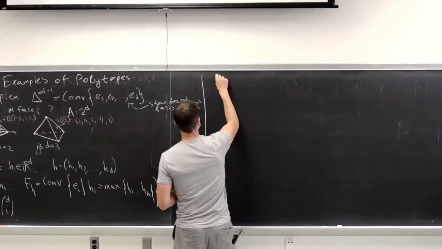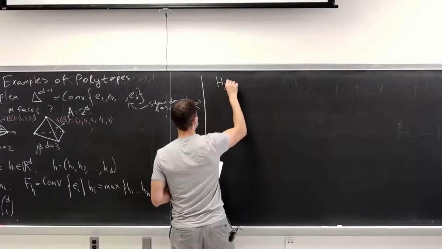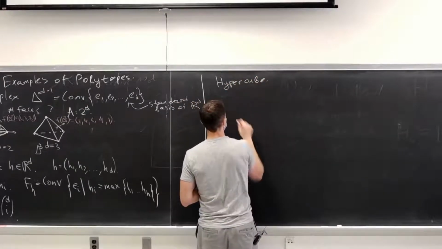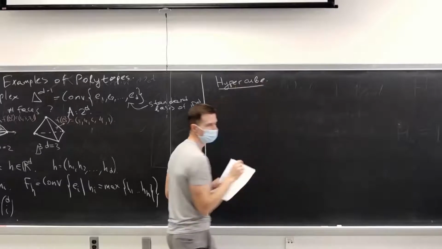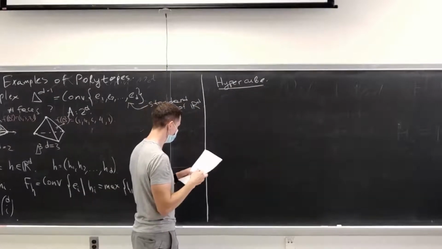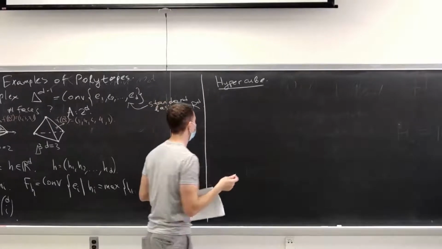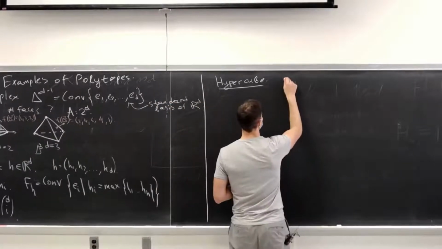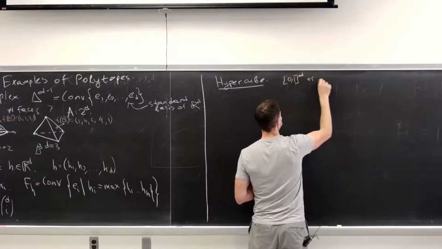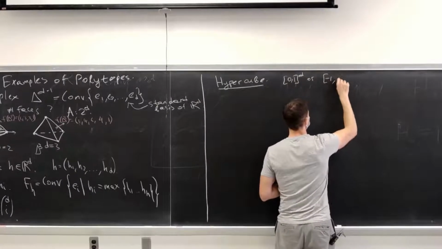The next example is the hypercube, which looks like another easy polytope, but later we're going to see some non-trivial things happen for the hypercube. So it's convenient to take either [0, 1]^d or [-1, 1]^d.